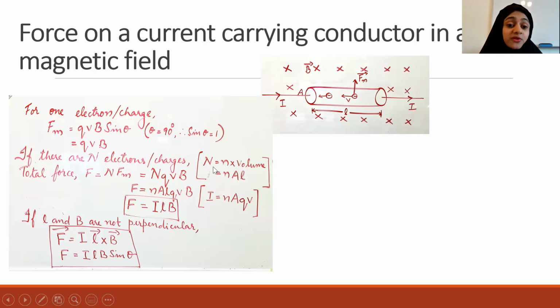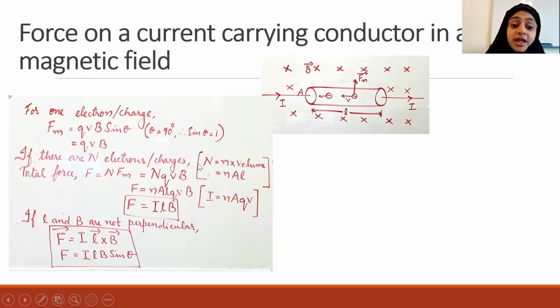And what is volume? Volume is the area of cross section times the length of the conductor. So I have substituted AL instead of volume.